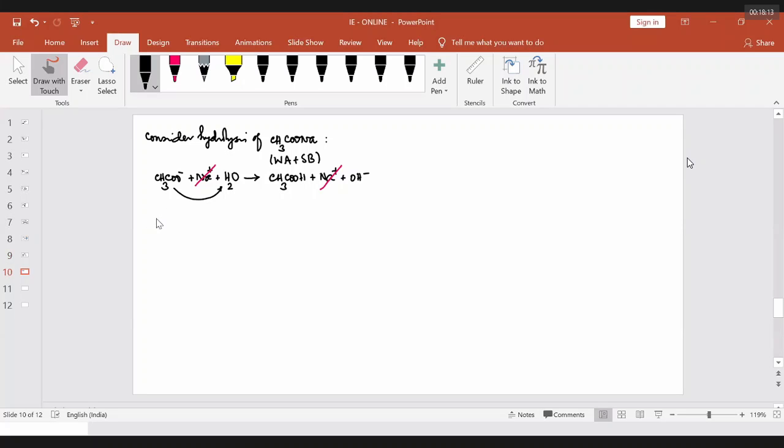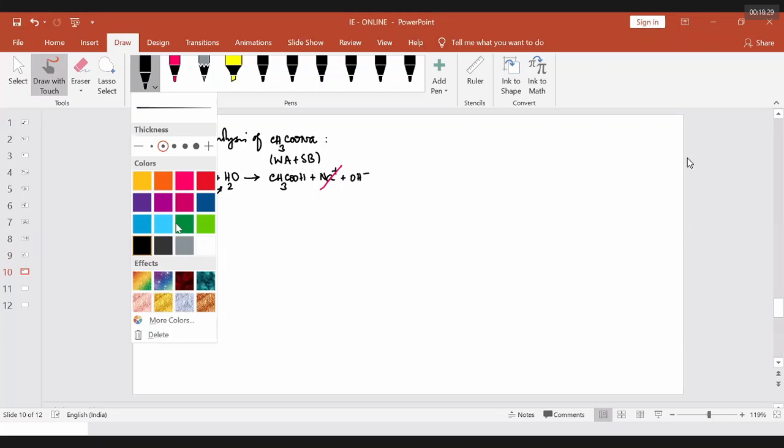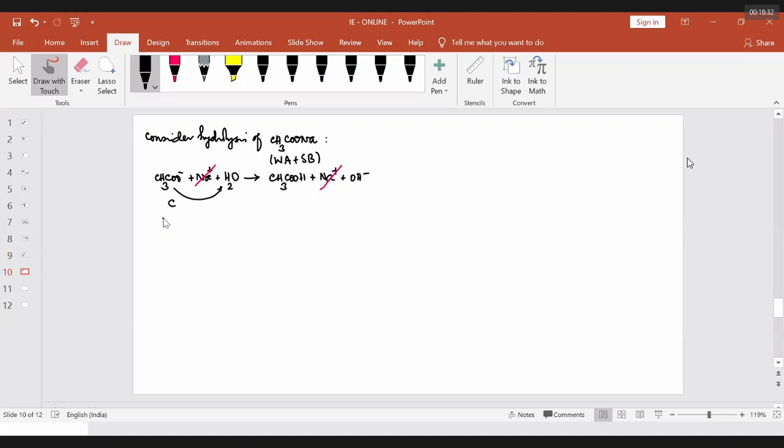Okay. If it is so, then how to proceed? Let the concentration at time t equal to 0 be, concentration of acetic acid supposed to be C. I'll give you a separate equation. We have CH3COO minus plus H plus gives you CH3COOH and OH minus ion.